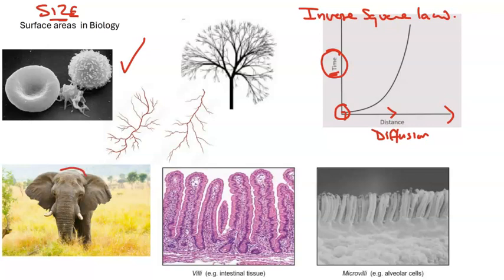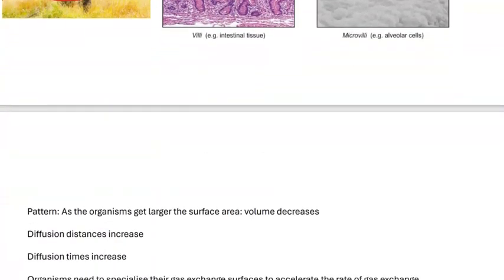But once we get to large organisms like the elephant here, then our diffusion distances are so far along this axis here that the diffusion times are incapable of supporting cellular respiration, either in the supply of oxygen or in the removal of carbon dioxide. And so in this part of the syllabus, we'll see how those limitations of size increases are overcome by modifications.